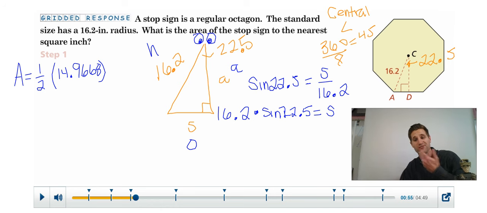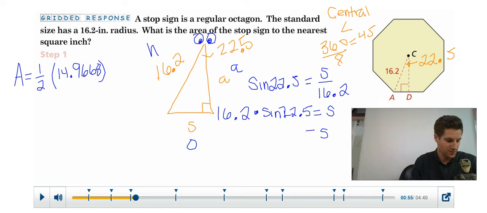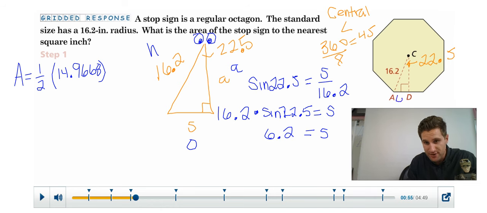And that's really only half our side length, so we're going to have to double that. 16.2 times sine of 22.5, and we're going to get the side is about, and this one I'm going to round a little bit easier. It looks like it's about 6.2. So that's this piece right here, 6.2. So I got to double that, and that should give us about 12.4 for the side length.